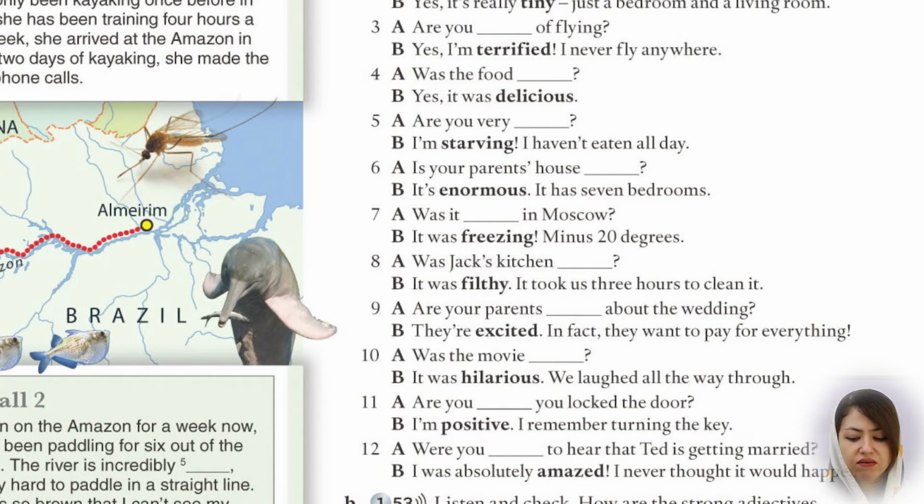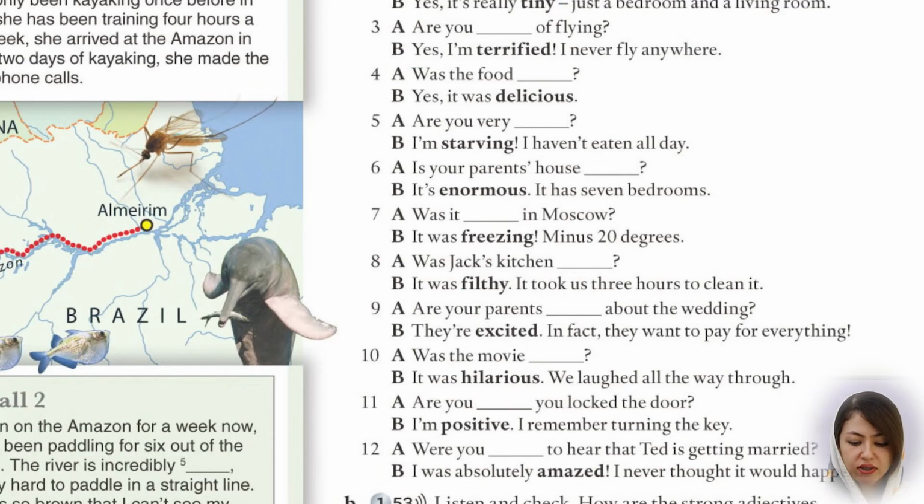I never thought it would happen. Were you surprised? Okay, so the normal adjectives and the adjectives which are non-gradable. Remember, with non-gradable adjectives, you cannot use very. Only absolutely and really can be used as adverbs, okay, along with them. So that was all about this section.